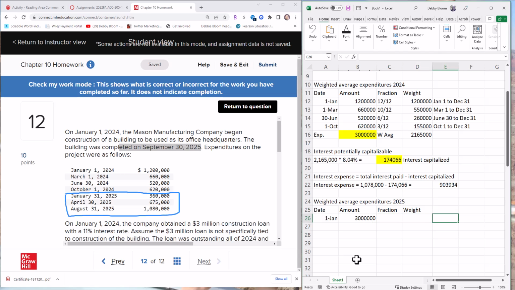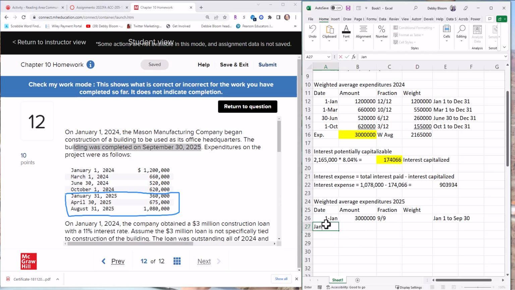Now, because our building was completed on September 30th, we're going to count the number of months from January 1st to September 30th. That is going to be 9 months, so that is going to get a fraction of 9/9. Again, we're dividing by 9 because our second year is only 9 months.